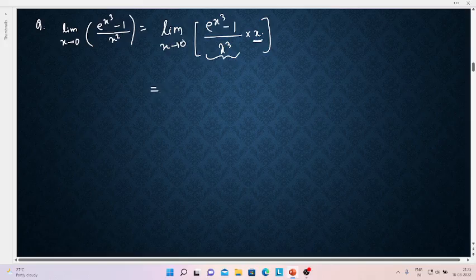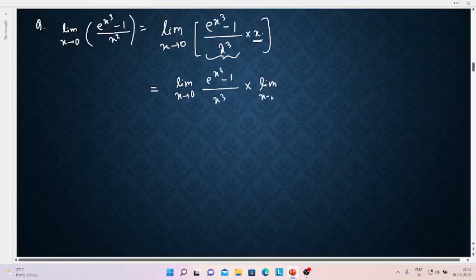We can use the property of limits, limit of f(x) times g(x) is the limit of f(x) times the limit of g(x). So that can be written as limit x tending to 0 of (e to the power x cube minus 1) upon x cube, times limit x tending to 0 of x.